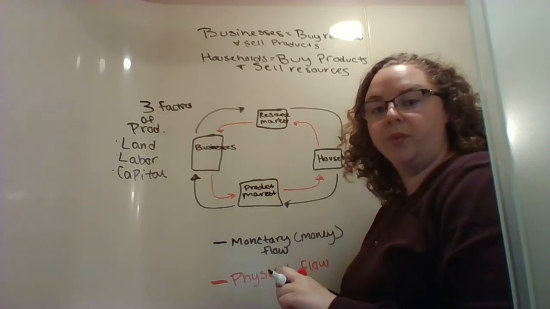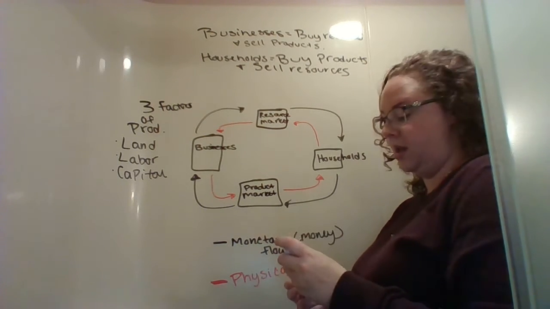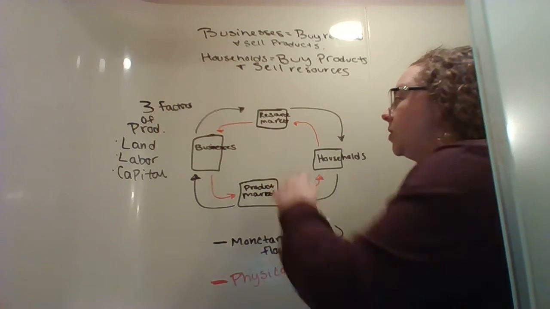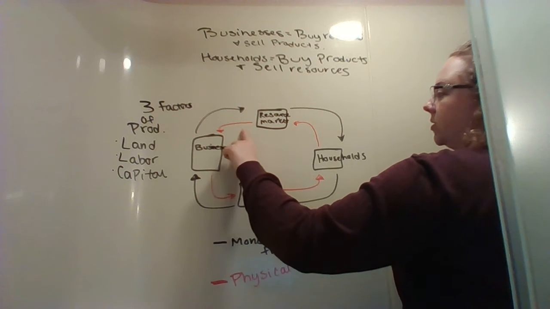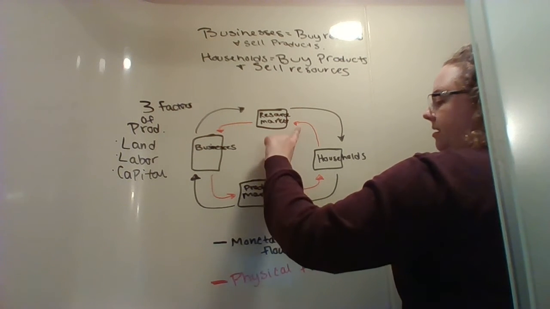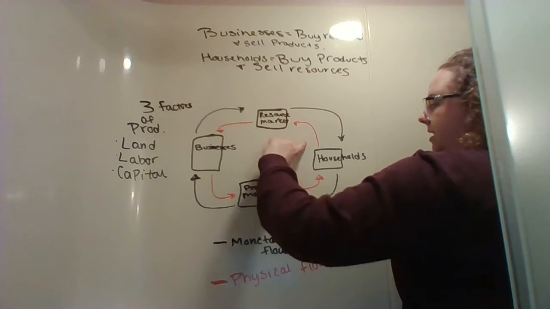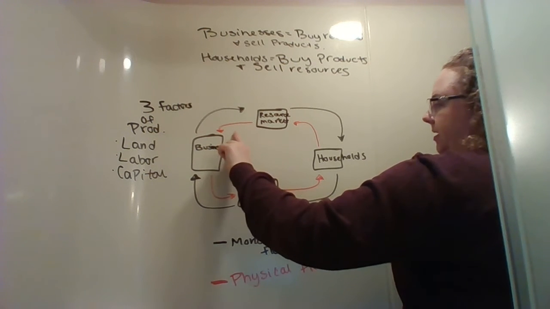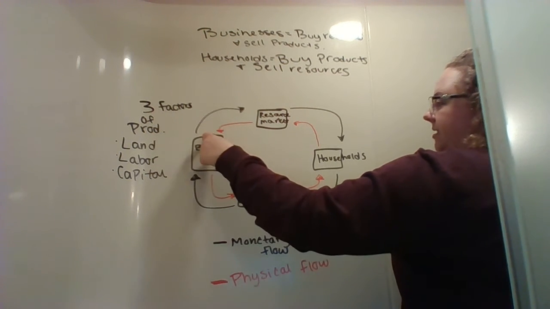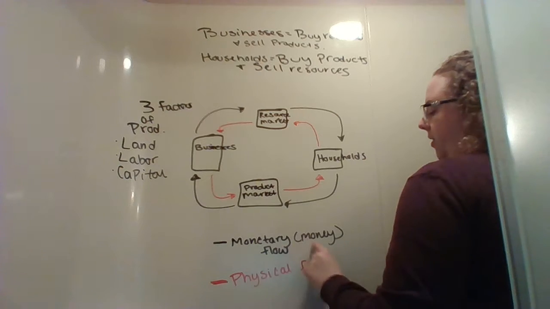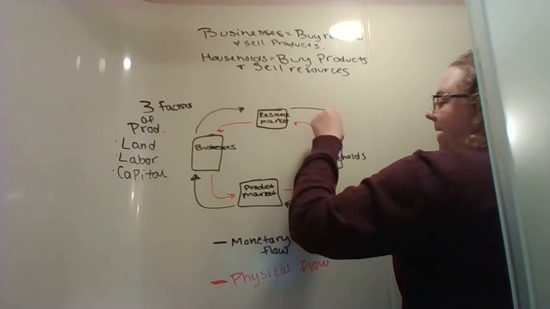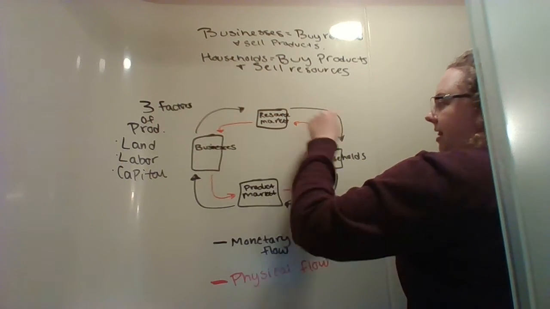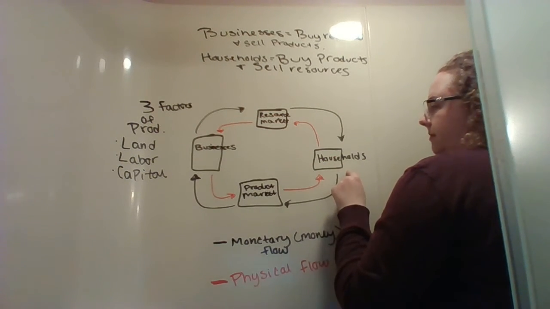Okay, so the resource market shows households selling, right here. Households are selling, the red, physical flow. They're selling their labor and their land to businesses. Businesses, in turn, monetary flow, money flow, are buying that land and that labor from households.